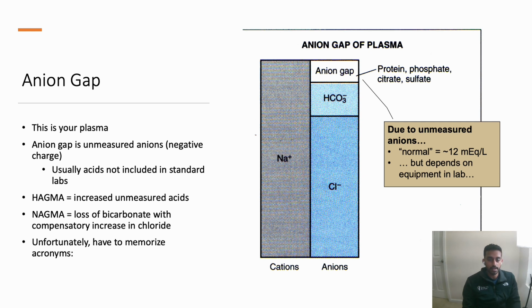So you have bicarbonate, you have chloride, and then anion gap, which is basically your unmeasured anions. So it's acids that are not included in standard labs. So HAGMA is an increase of this anion gap or unmeasured acids, and NAGMA is a loss of bicarbonate with compensatory increase in chloride. Then you have to memorize the acronyms.